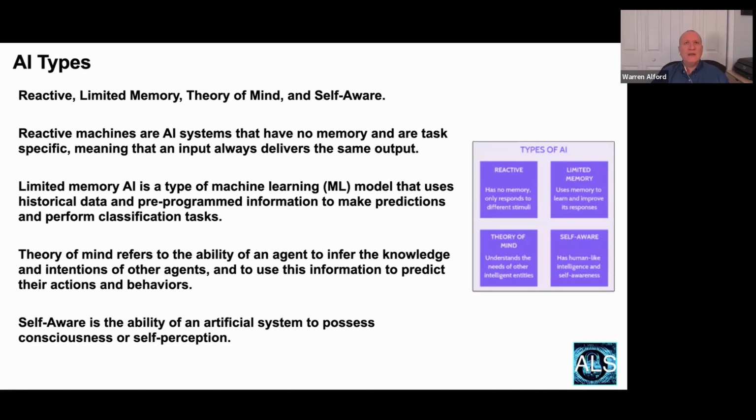Limited memory is something that will take the machine learning, and it uses historical and pre-programmed data, and it kind of puts those two together. It still does not have the theory of the mind, so to speak, but it can lead to some determinations. Like, for instance, you probably saw AI playing chess.